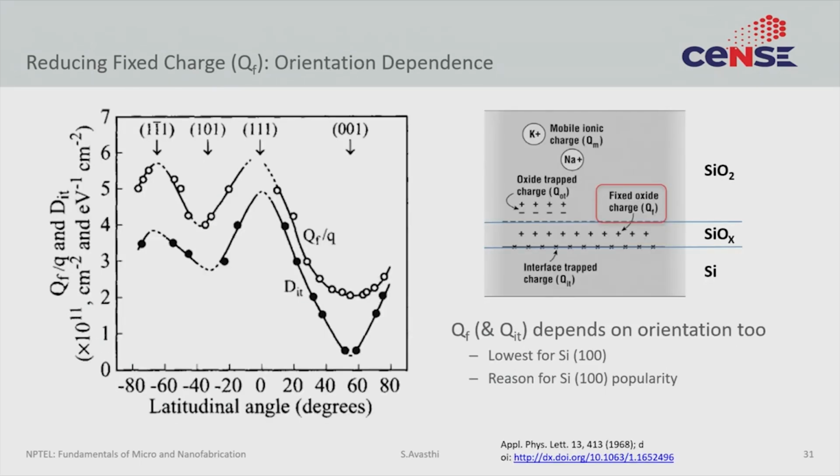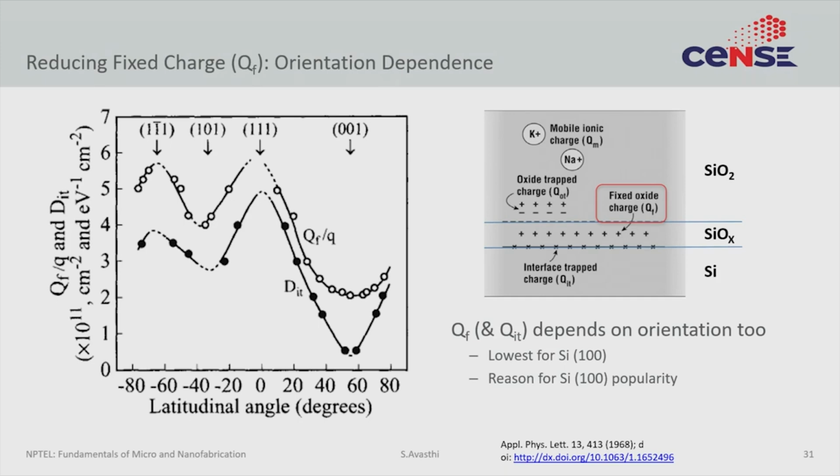This fixed oxide charge also has an orientation dependence. The 100 surface, 111 surface and 110 surface do not all give you the same value. In general, the 100 surface tends to give you the lowest defect densities, and this is actually one of the reasons why the silicon 100 wafer gained in popularity when CMOS came along.